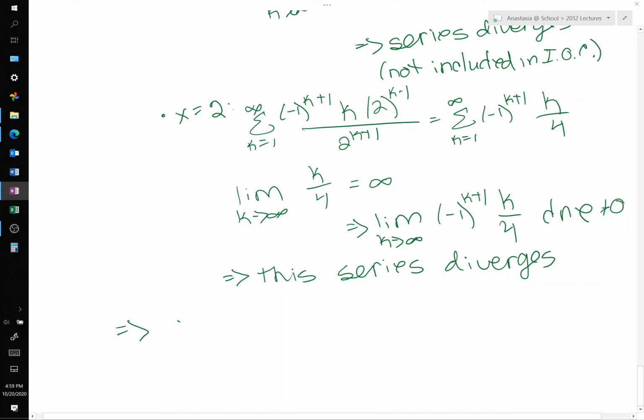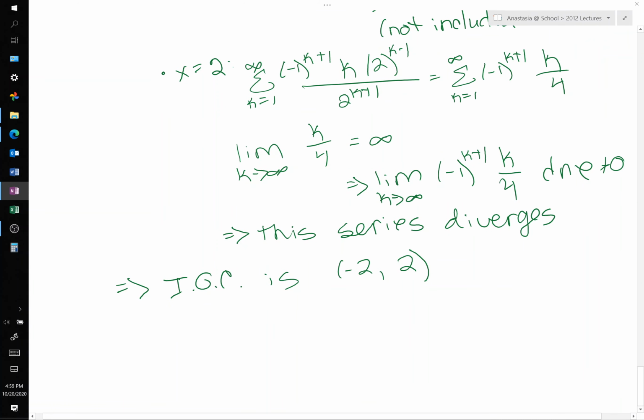So this means that our interval of convergence is the interval from -2 to 2, not including either one of the endpoints. So our final answer then, we have our function, 1 over 2 plus x squared.